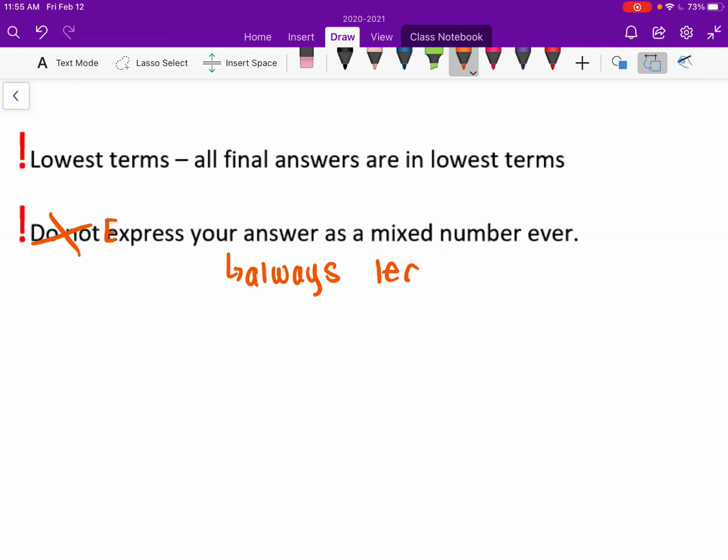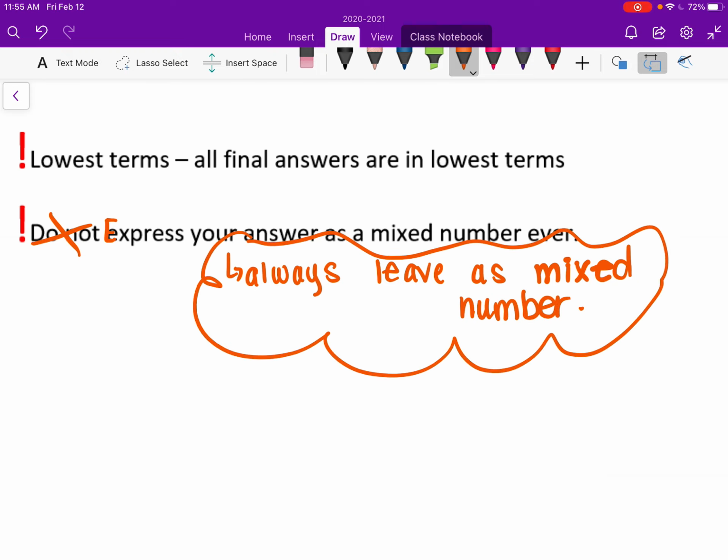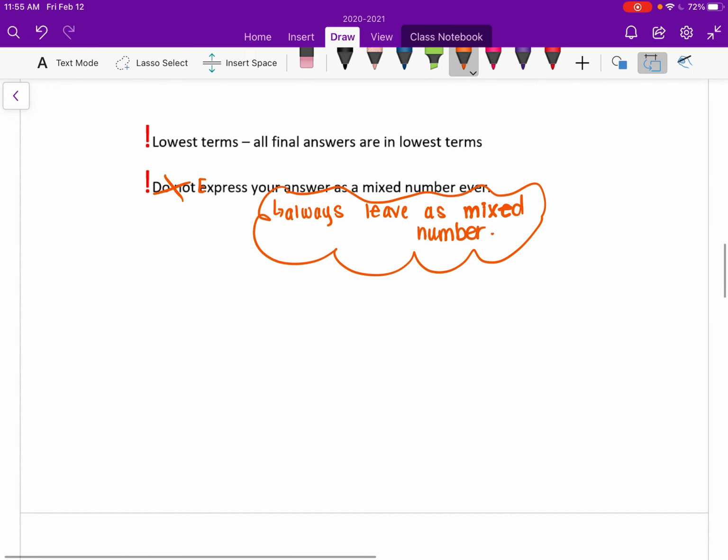Always leave it as a mixed number. And I'll fix this on your answer. Oh my goodness, I can't spell today. I prefer that you leave it as a mixed number. It's just easier to work with at that point, because you need to convert it anyway. Okay?